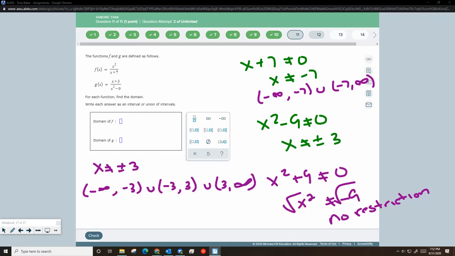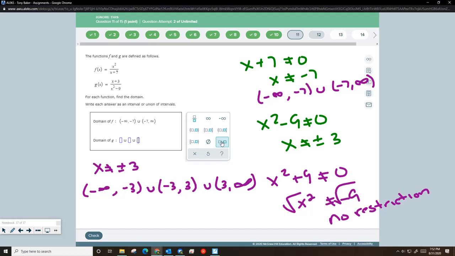It's the way you have to write it so that you're not including that negative 3 and that 3. Notice there's no brackets around them, so it's going to that point but not including that point. So you do have to write it out a little differently than the other one. So I've got negative infinity to negative 7, union negative 7 to infinity.